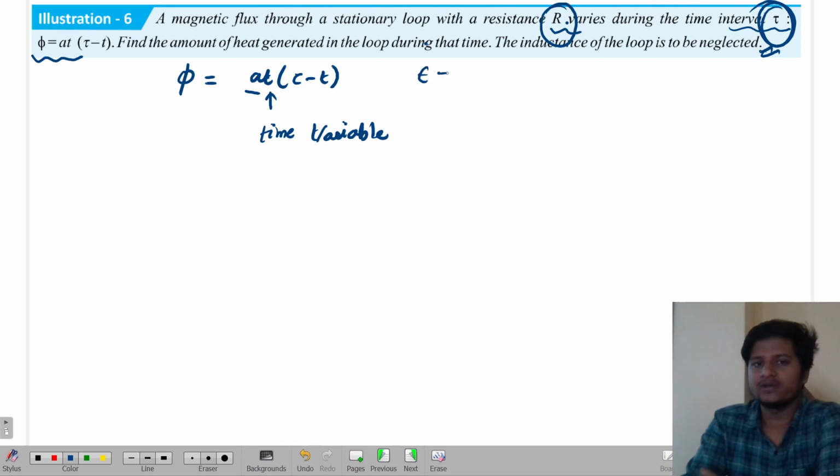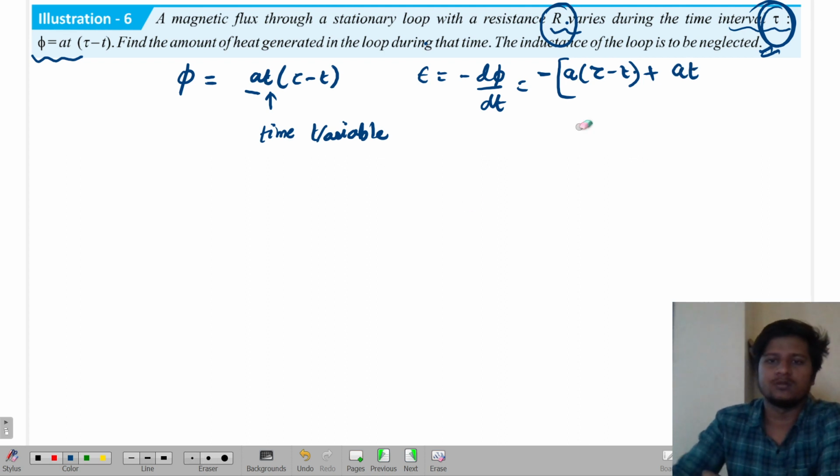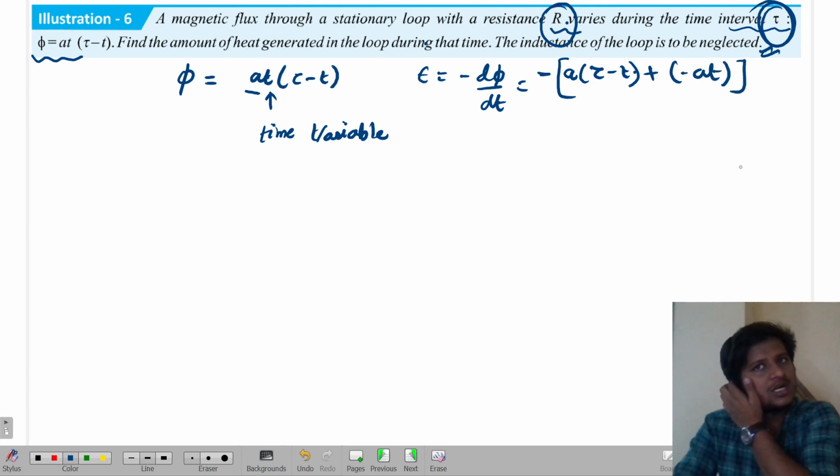Now, you know EMF is equal to minus d phi by dt. So this becomes minus of a into (tau minus t), plus a t into minus 1. Two products are there, so I will definitely apply the chain rule.